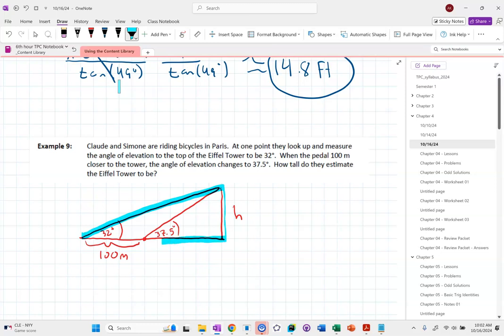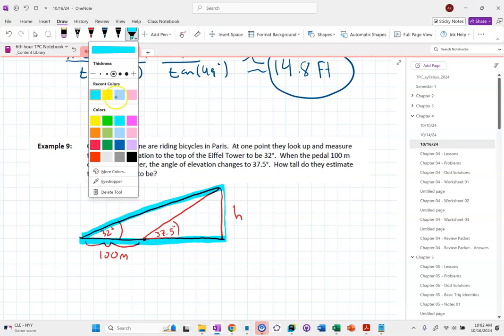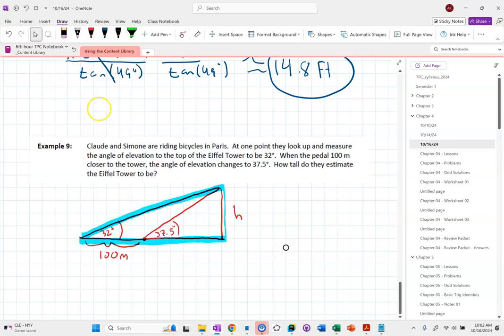I see this big one, and then I also see this little one. So I'll put in the little right angles. Everybody see that?